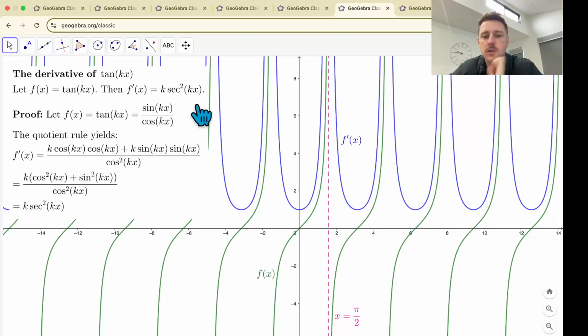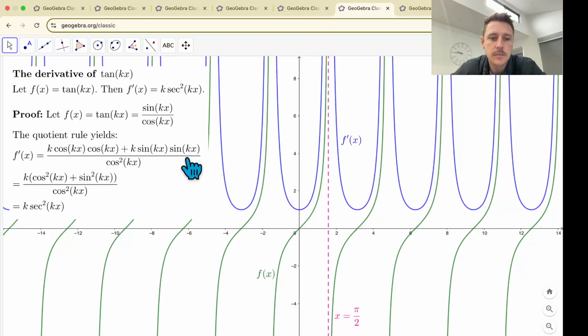And just a small proof here. I encourage you to pause the video and apply the quotient rule, because we know that tan is sine divided by cos. And so tan of kx equals sine of kx divided by cos of kx. And so the quotient rule, if we apply it, gives us this.